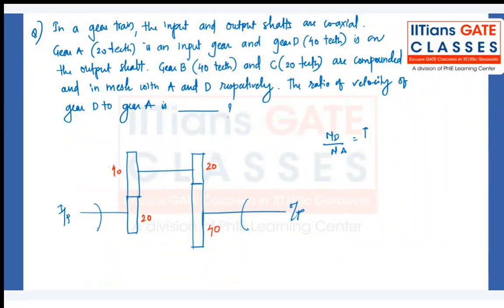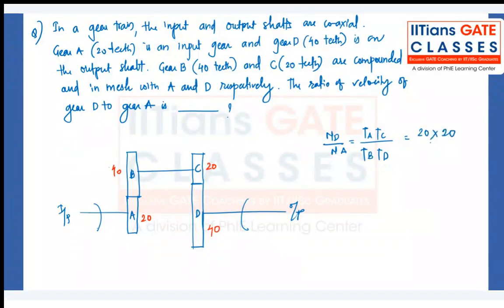It's TA times TC, because gears A and C are the driving ones, and B and D are the driven ones.